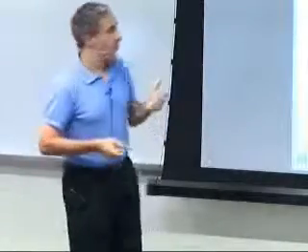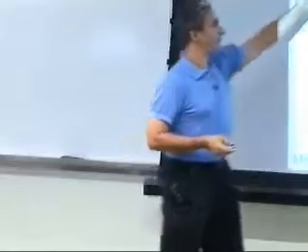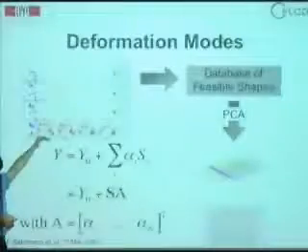Okay, so for something like a spinnaker that, when inflated, deforms relatively smoothly, we've found a way that works very well to create a low-dimensional model. We take the mesh that defines the object.